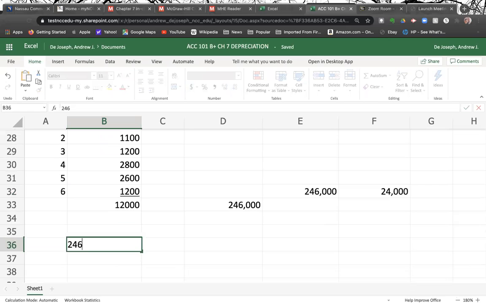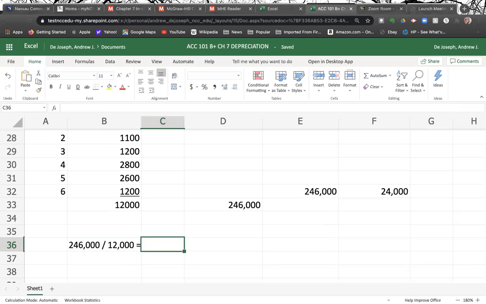Now let me figure down here something. The depreciable cost is 246,000, and I'm going to divide that by 12,000 hours. What does that come out to be? 246 divided by 12 comes out to be $20.50 an hour.